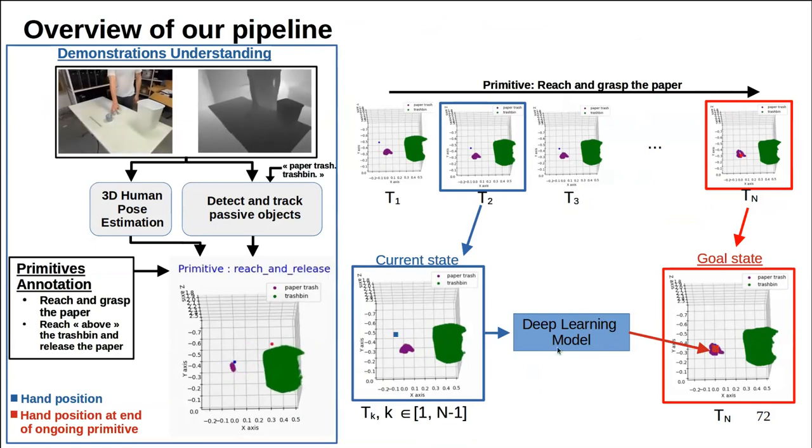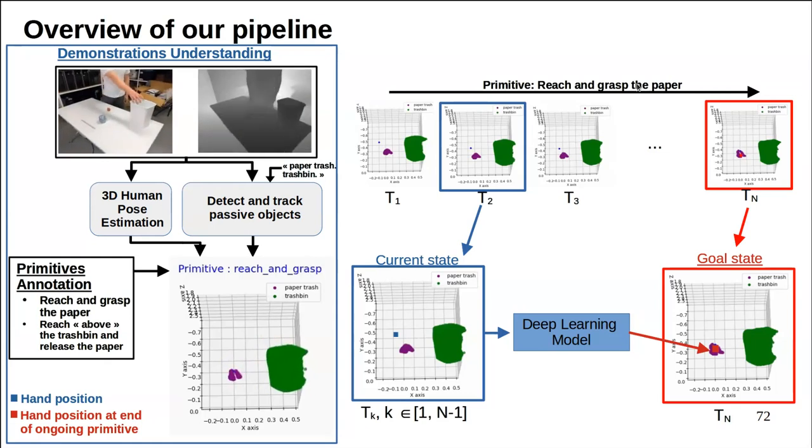We would like the model to be able to predict this position for each of the frames that come before the last frame. So for instance, if I take the frame T2 and put it as input of my deep learning model, the model should be able to predict where the operator is going relative to the object of interest in order to achieve the reach and grasp the paper primitive.